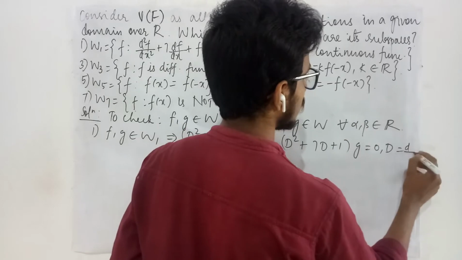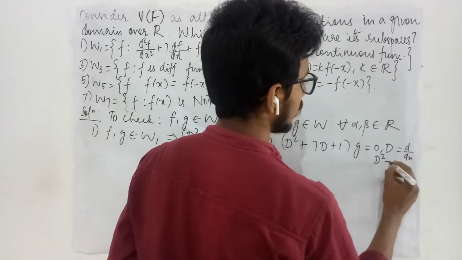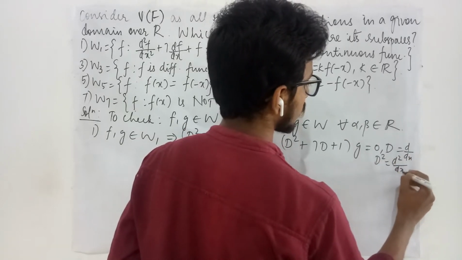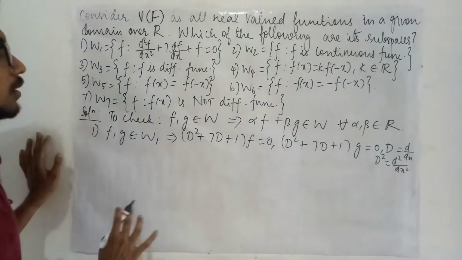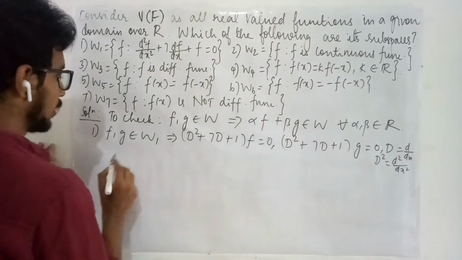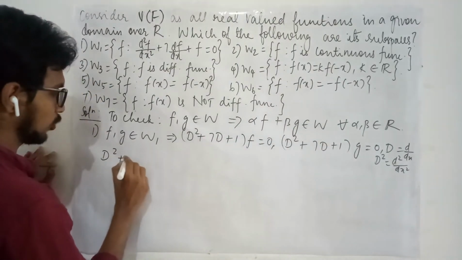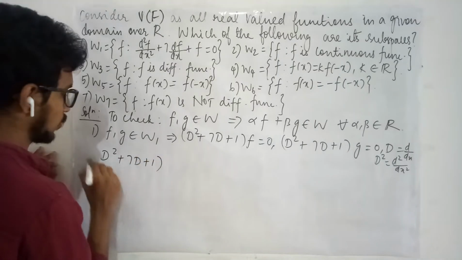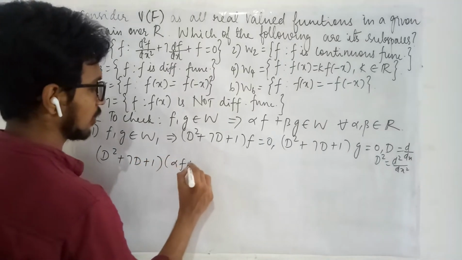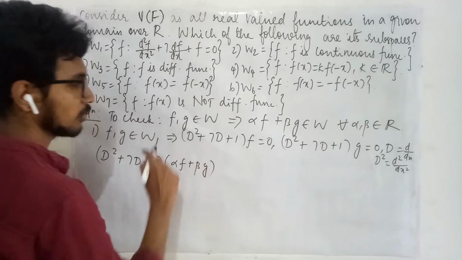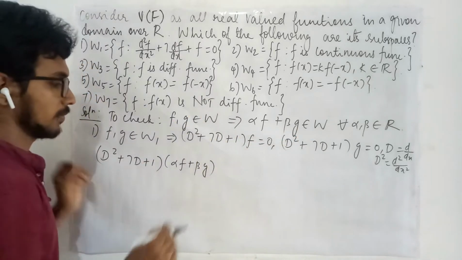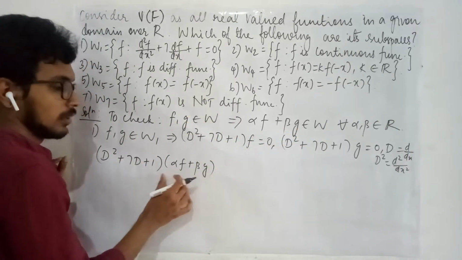Here d denotes d upon dx and d2 denotes d square upon dx square. Now I need to check whether d2 plus 7d plus 1 applied to alpha f plus beta g also satisfies this condition or not.